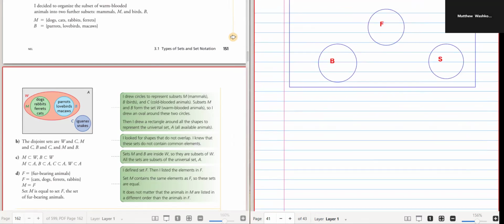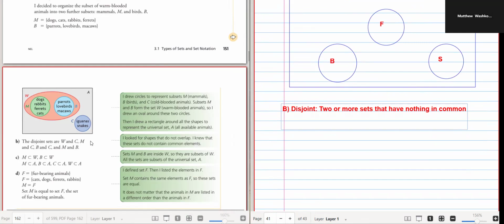And in this case, the question asks which are disjoint sets. So remember, a disjoint set is two or more sets that have nothing in common.